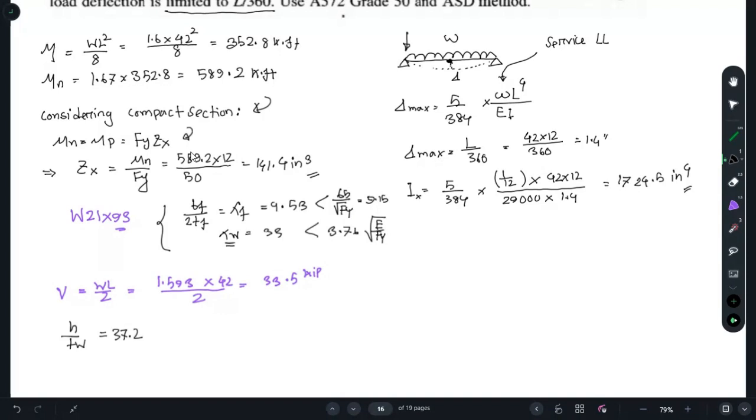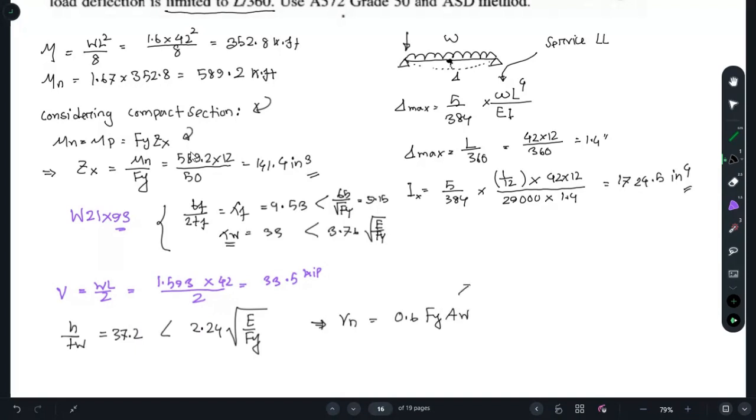If this value is less than 2.24 root E over fy, then the nominal shear capacity equation is valid under this condition, that is 0.6 fy Aw.